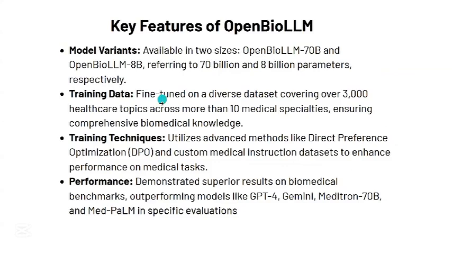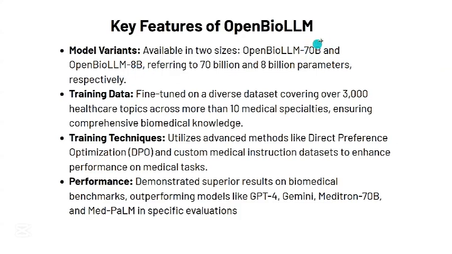Okay. The key features are that in this model there are two variants available. It is a 70 billion parameter model and an 8 billion parameter model. Today I am going to use the 8 billion parameter model.